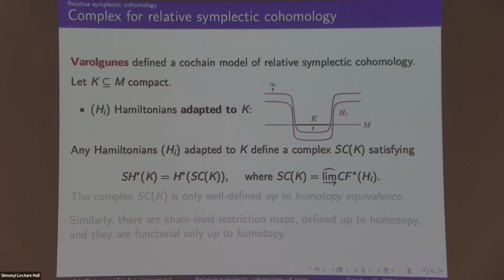So we want to kill the periodic orbits outside of K. Then the homology of this complex is the relative symplectic cohomology. But this is well defined only up to homotopy, since we can change the sequence H_i.